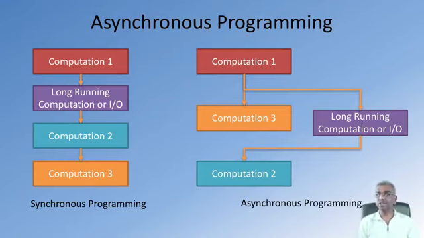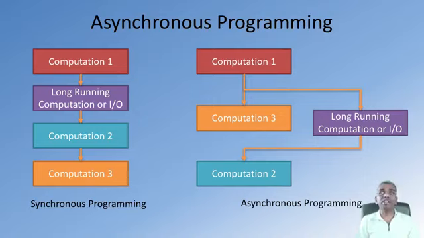Now, in asynchronous computation, we can rearrange this work in such a way that computation 1, when it completes, can spawn off this long-running computation to be done behind the scenes independently. And since computation 2 is dependent upon the long-running computation to finish, computation 2 can be executed when the long-running computation is finished.